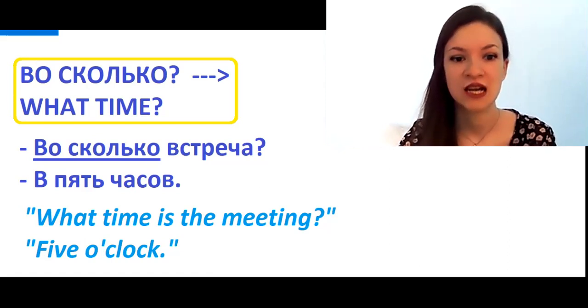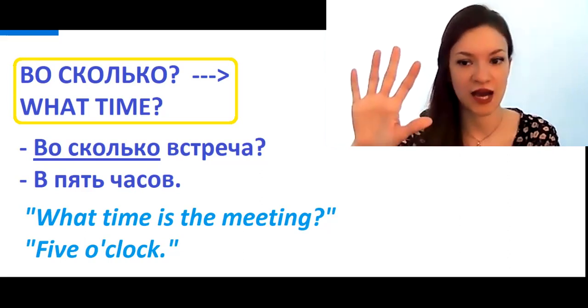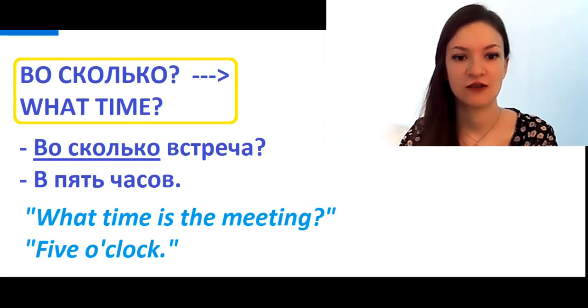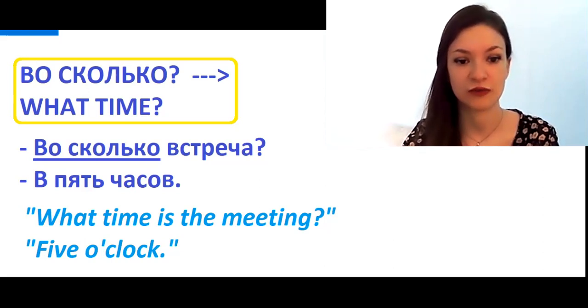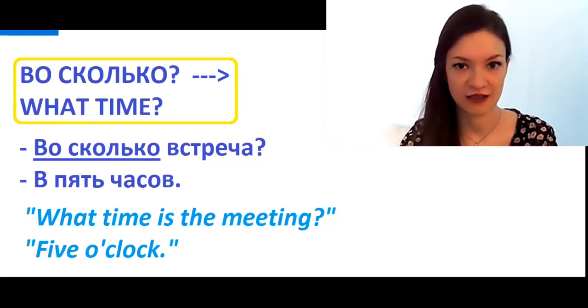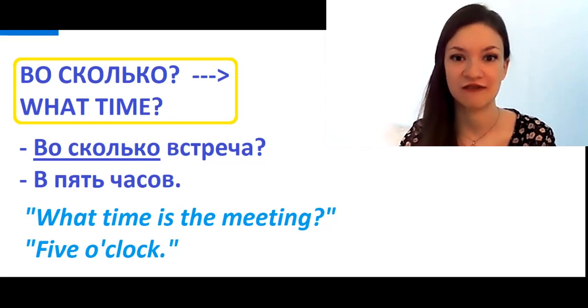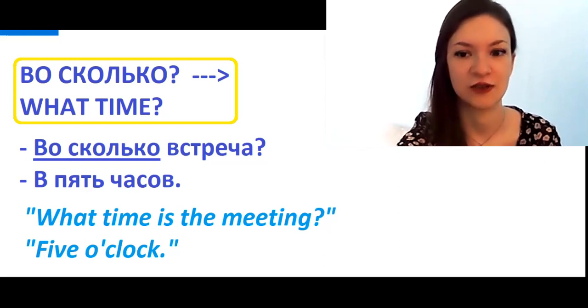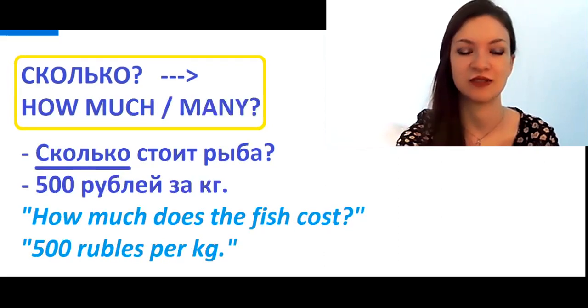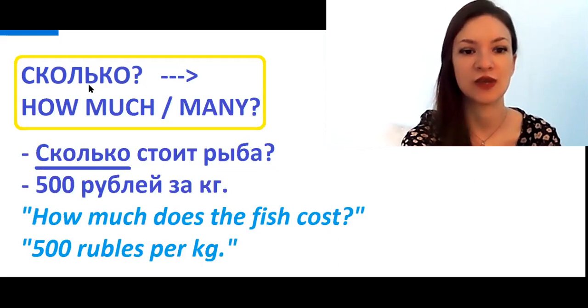For example, во сколько встреча? 5 часов. What time is the meeting? 5 o'clock. So here you need to be very careful because look at the previous example. Сколько means how much or how many.